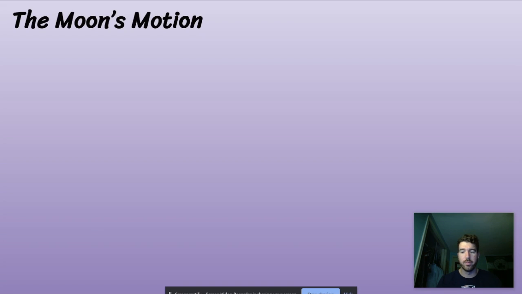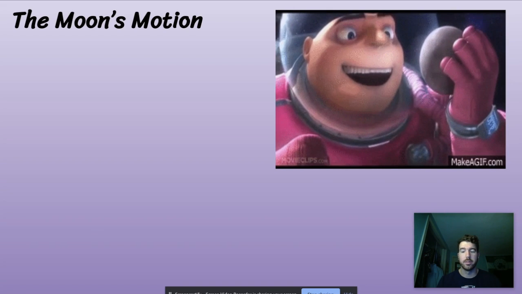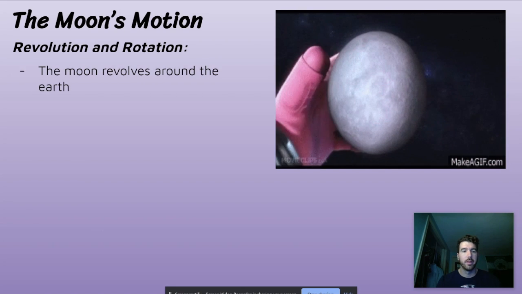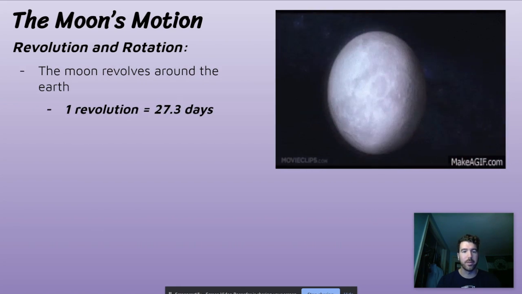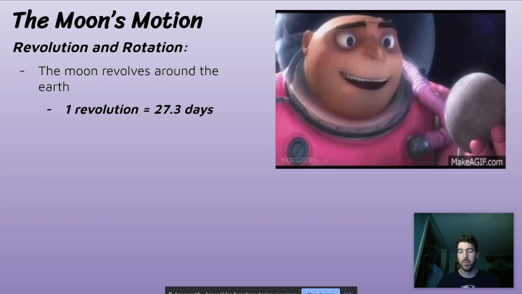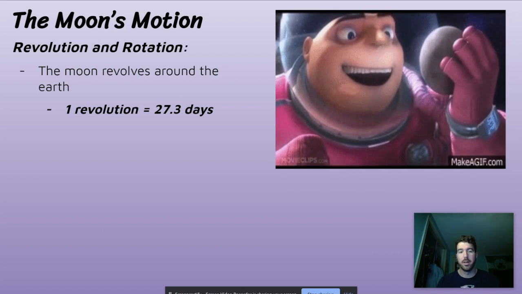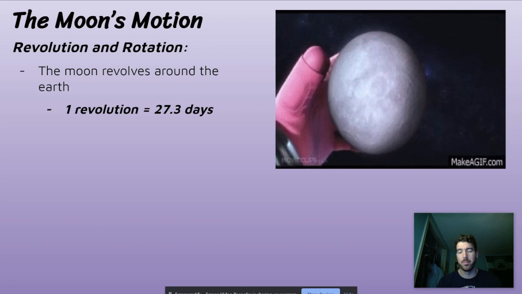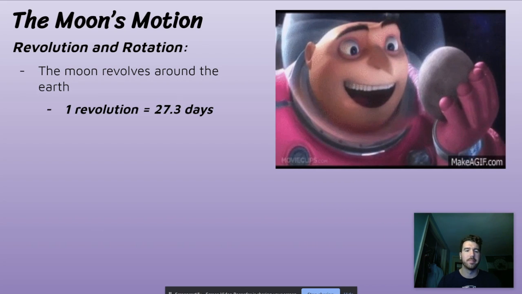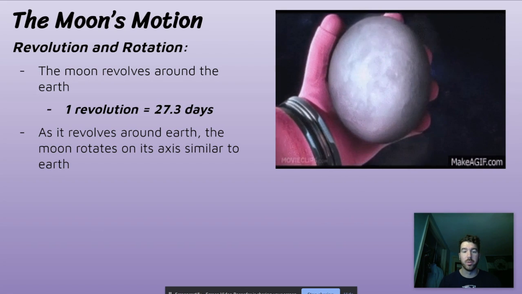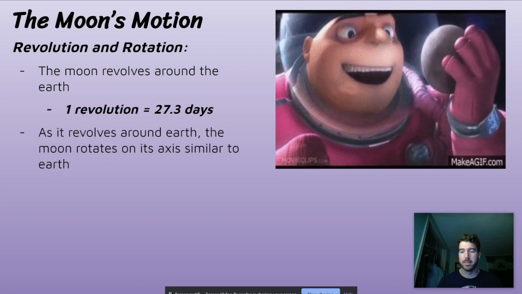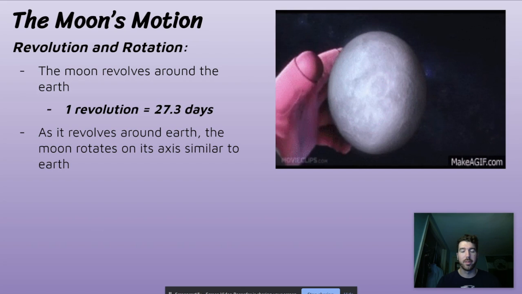So just like the Earth revolves and rotates, so does the moon. So the moon obviously revolves around the Earth, and one moon revolution equals 27.3 days, so almost a month. As it revolves, the moon also rotates on its axis, similar to Earth.